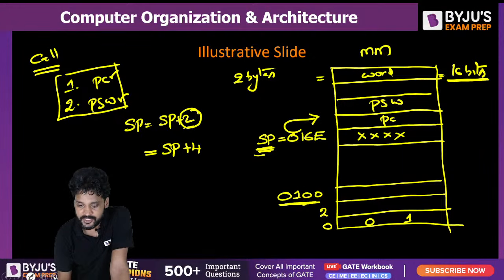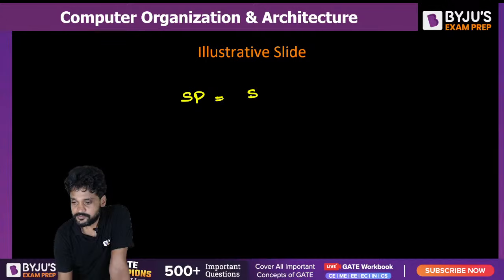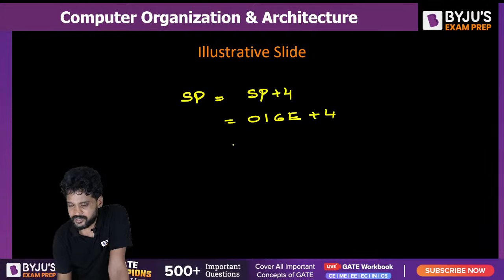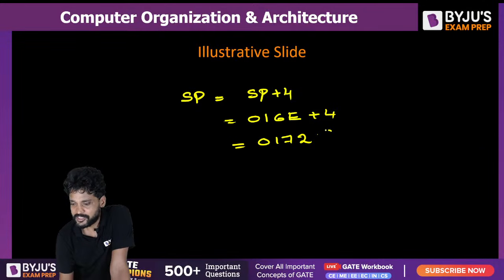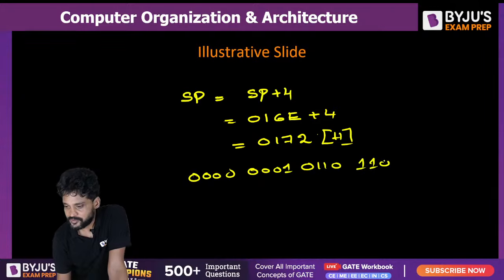Let me clear this again. SP is equal to SP plus 4, that is 016E plus 4. I just converted 016E into hexa: 0 is 0000, 1 is 0001, 6 is 0110, E is 1110.